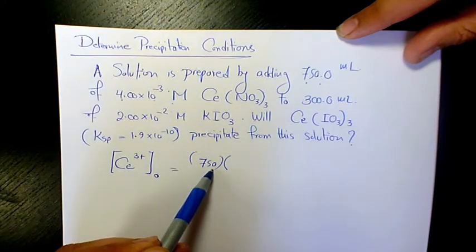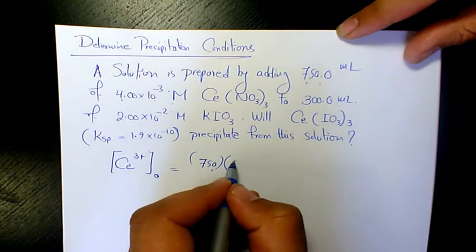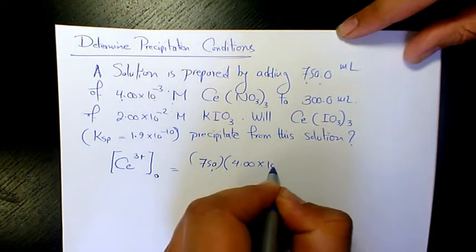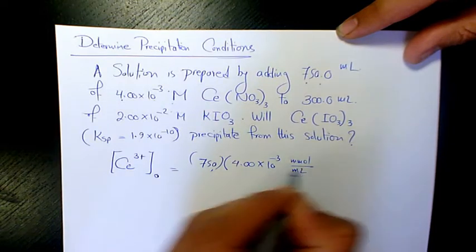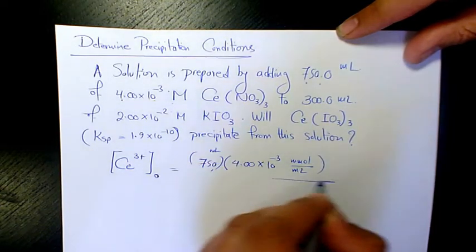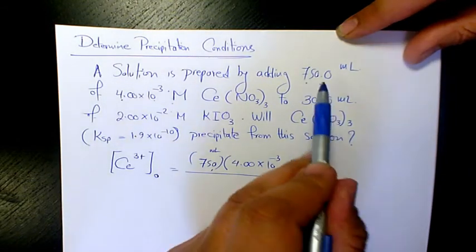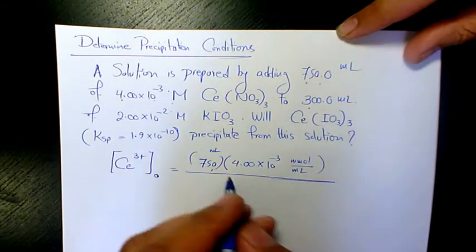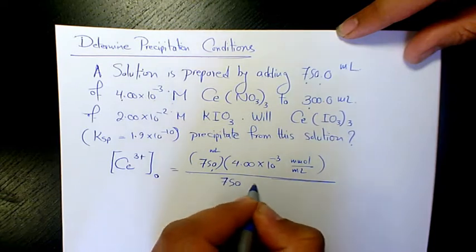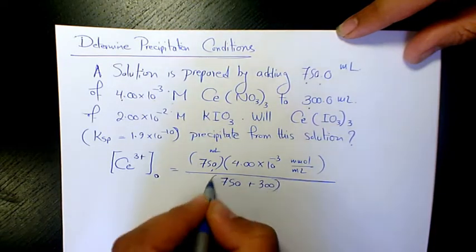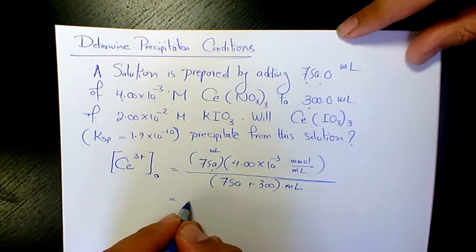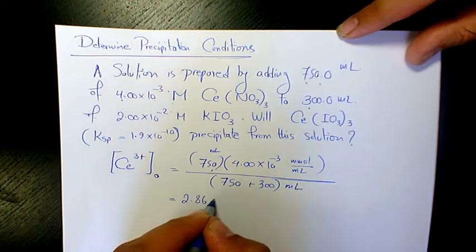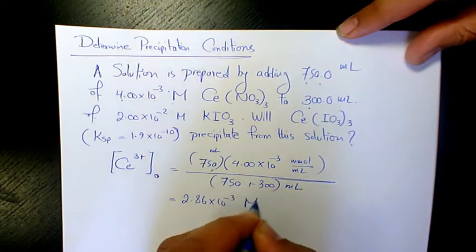Since this one is milliliter, I'm going to keep it as millimole per milliliter. Divided by, since these two volumes are mixed, the total volume, which is 750 plus 300 mL. So that's going to make it 2.86 times 10 to the power of negative 3 molar.